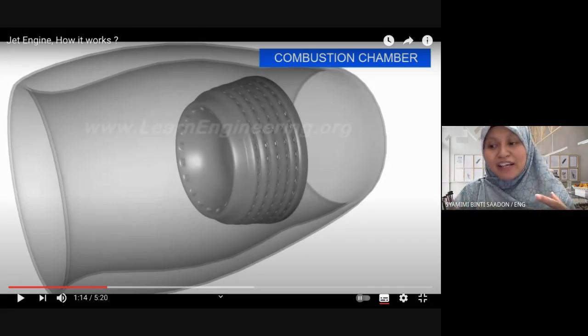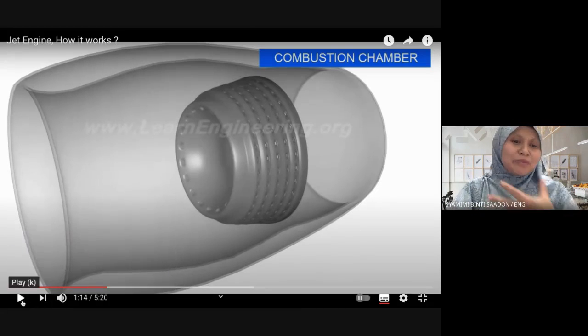When we have hot air, then the fluid will start to move. Kan, bila temperature dia tinggi, there's pressure, there's high heat. So how do we get hot air? Of course, we have to do the combustion process so that we will get the hot air. Kena bakar dia lah kan? Okay.